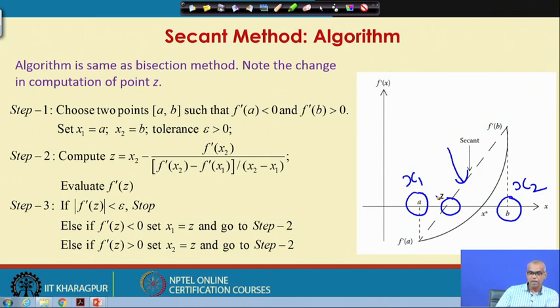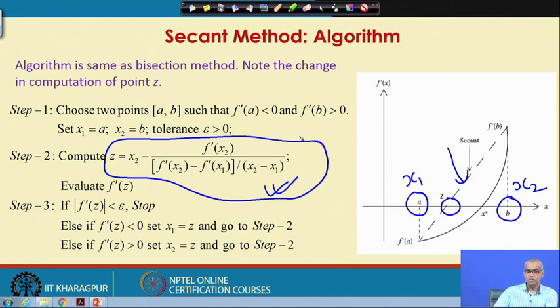That can be obtained as z equal to x 2 minus f prime at x 2 divided by f prime x 2 minus f prime x 1 divided by x 2 minus x 1. So, this is the expression by which you can obtain z.